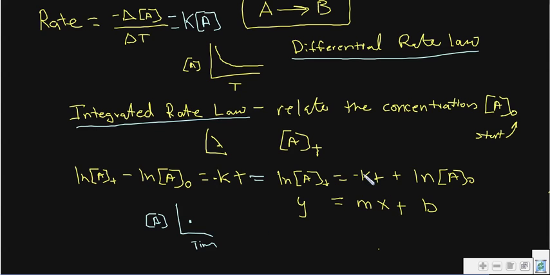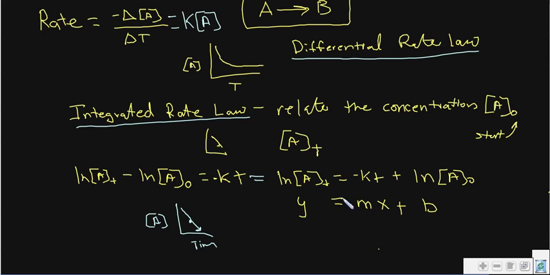Well, then in this equation as well, we have the negative k, which is going to be our slope, and we have the b, which is going to be our y-intercept. So the y-intercept, of course, is the starting point. And so from the starting point and the slope, we can get a nice little linear line right there for a first-order reaction by using the integrated rate law. So it allows us to solve things.